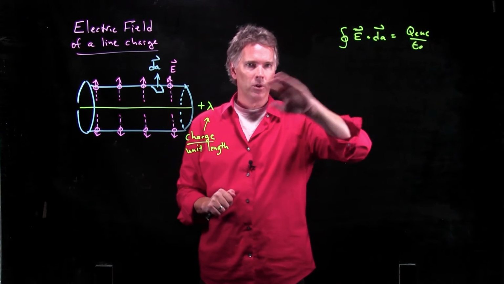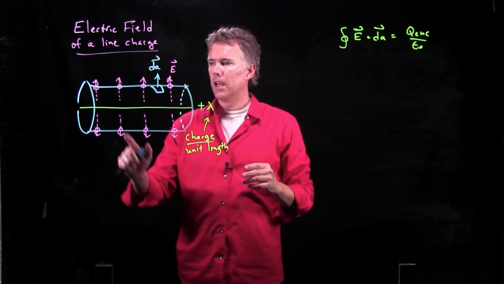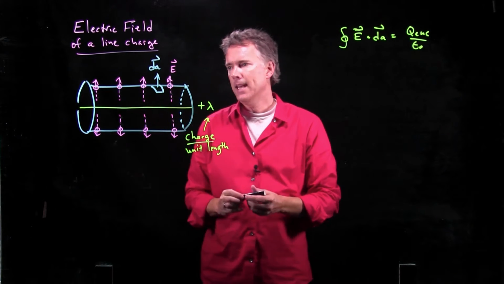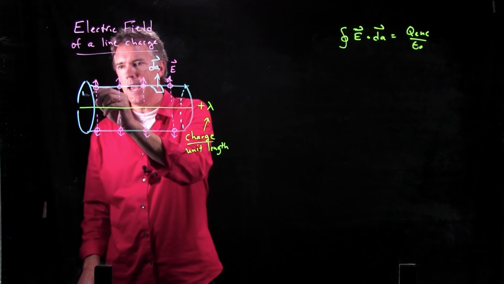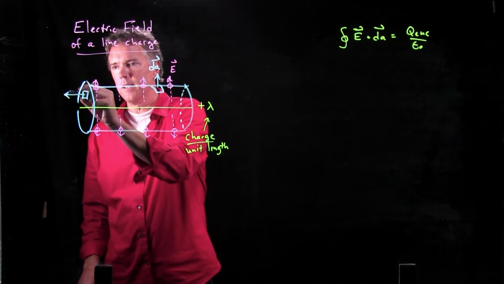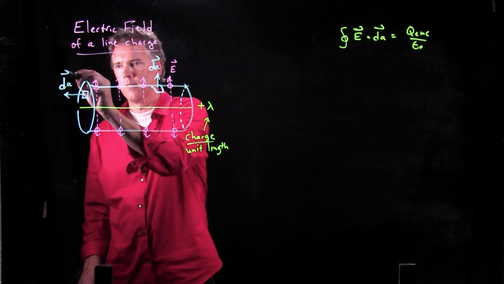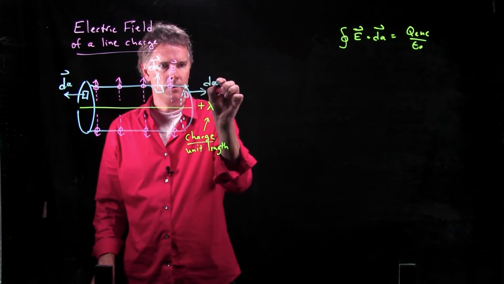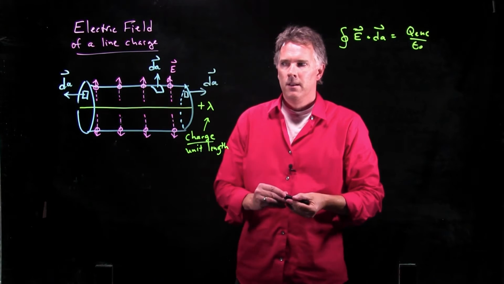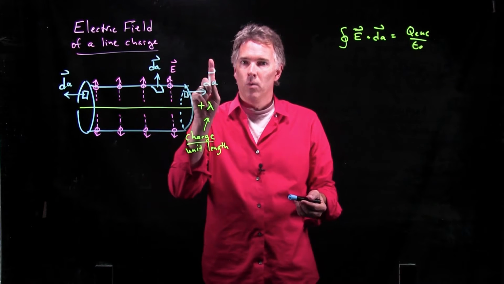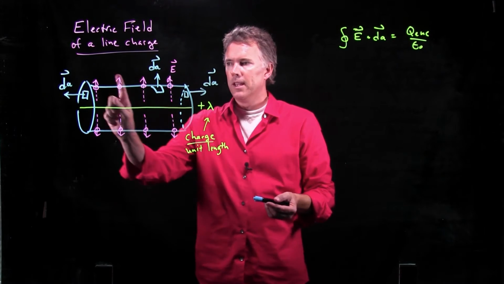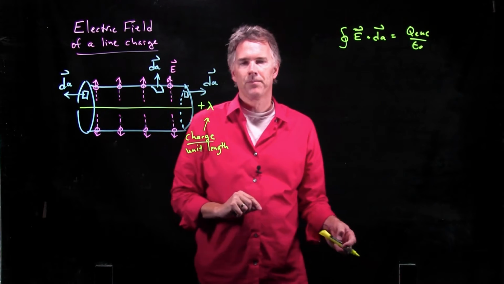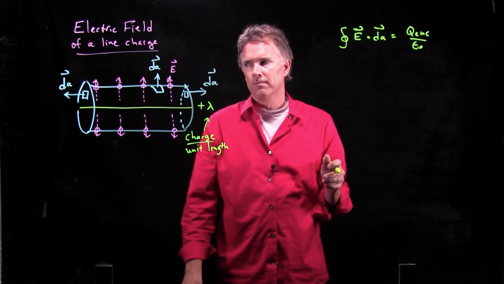This is an integral over the entire closed surface, and so we have to worry about the end caps. The end caps will have a dA that is pointing in that direction, and over here, it will be pointing in that direction. Those are orthogonal to the electric field, and so we're going to see that they don't, in fact, contribute to our integral.